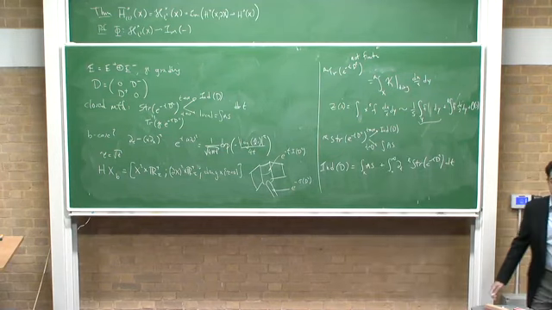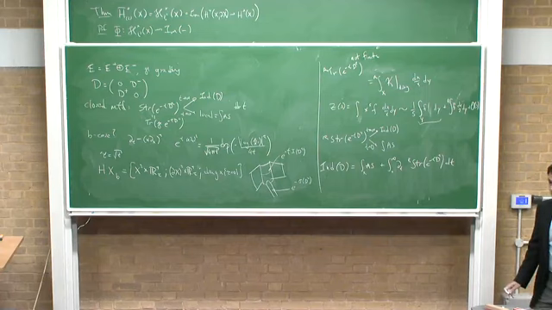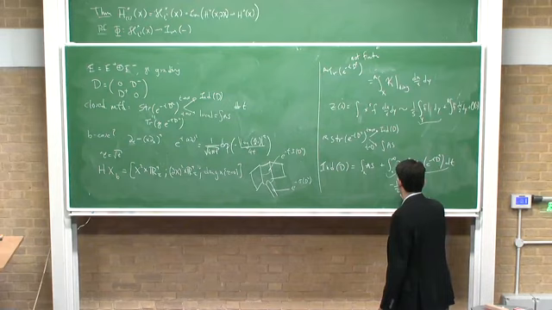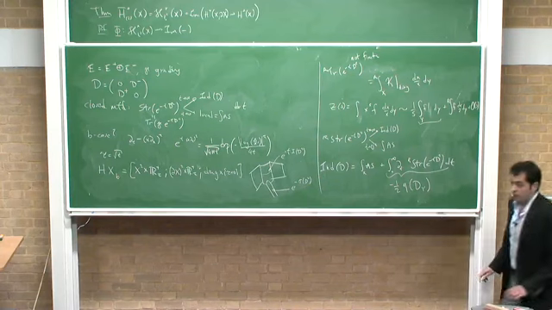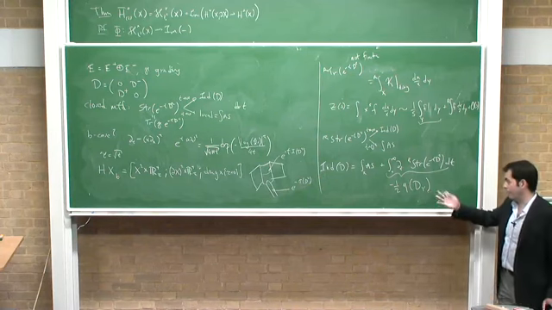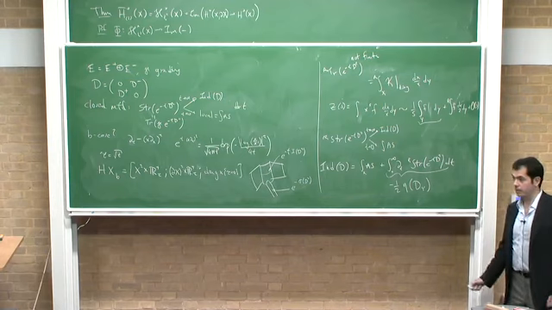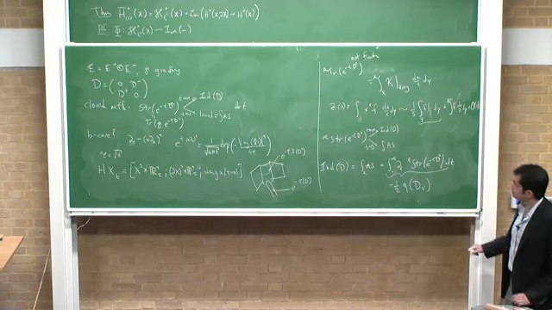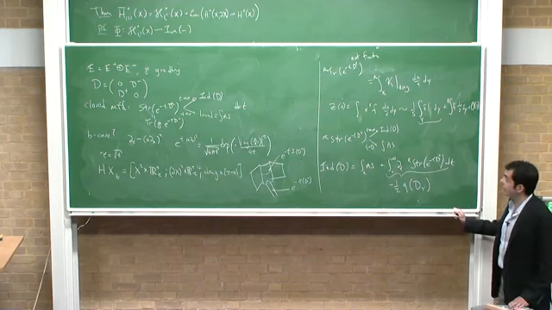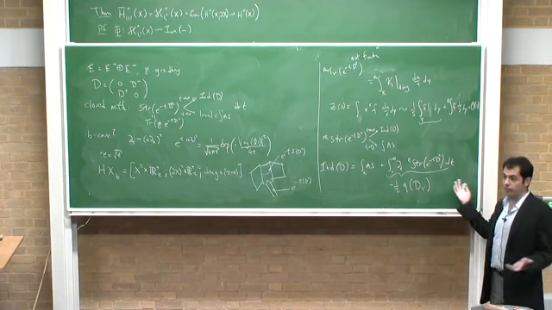And a very nice computation that I don't have time to do identifies this with the eta invariant of the boundary, the induced Dirac type operator on the boundary. So you get the Atiyah-Patodi-Singer index theorem as the index theorem in the B category.